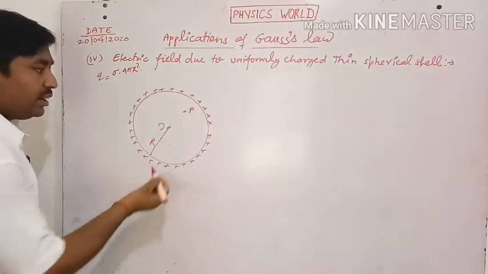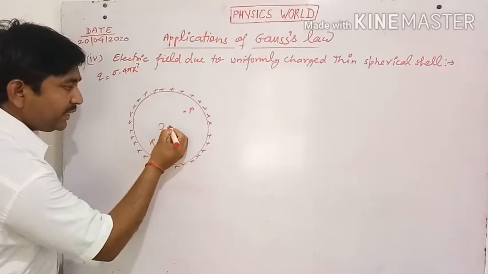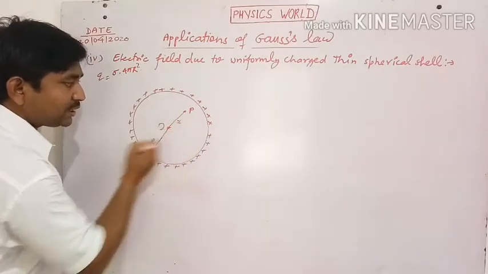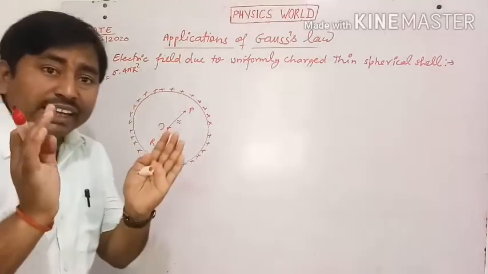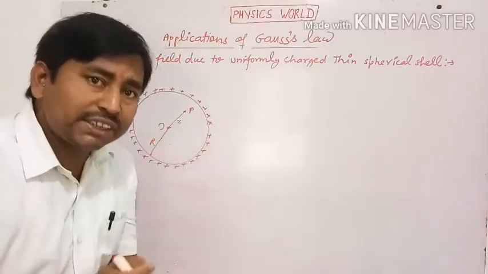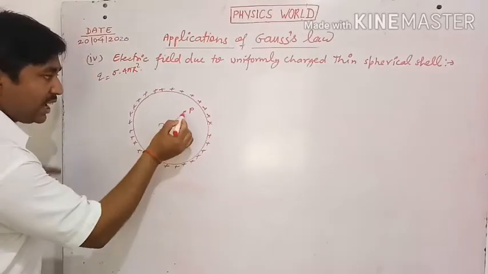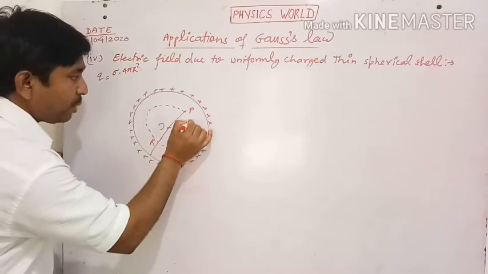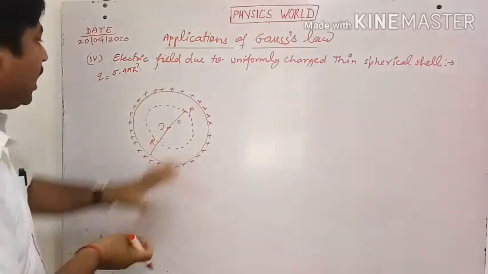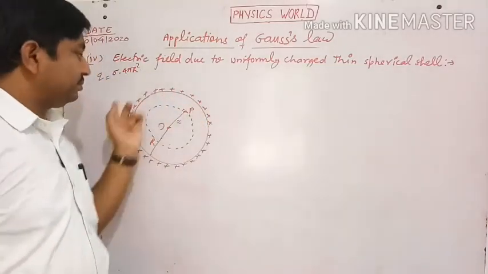For this, if the point P is at a distance of x from the center of the spherical shell, then we can consider a Gaussian surface of radius x whose shape is spherical and symmetrical to the spherical shell.